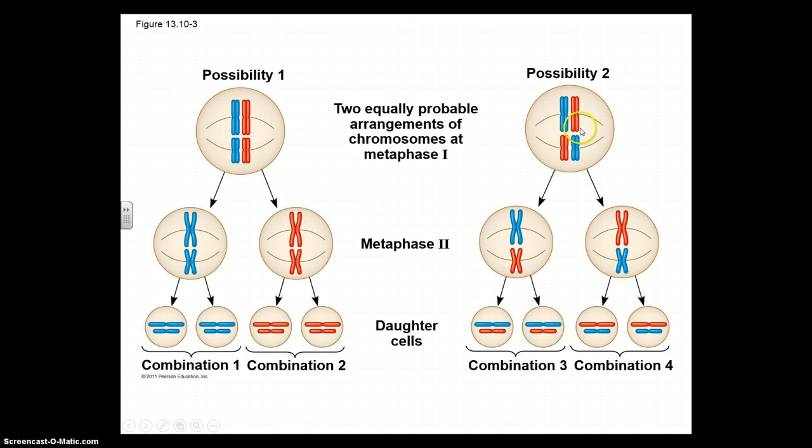But over here you can see that they line up with one paternal and one maternal chromosome on each side of the metaphase equator, the plane where they line up. As a result, you have maternal and paternal chromosomes in all four of these possible daughter cells.